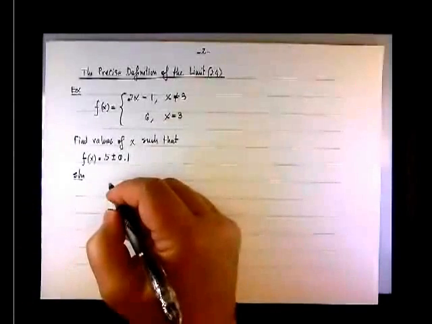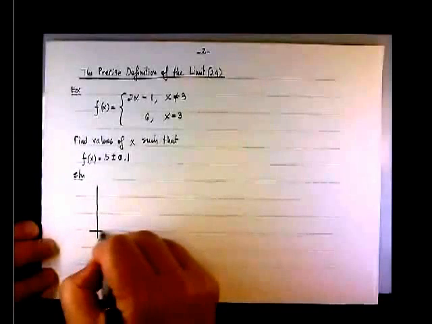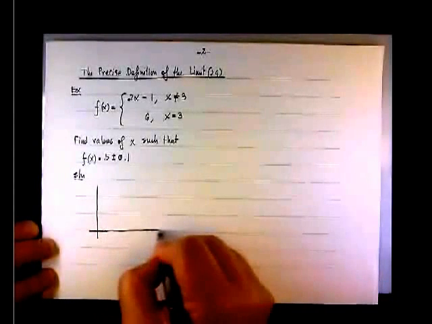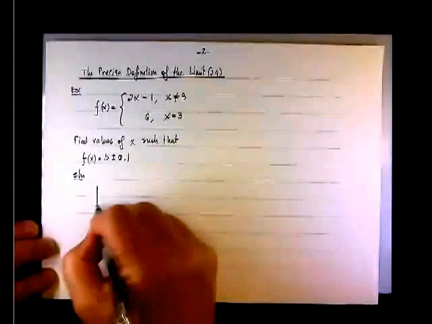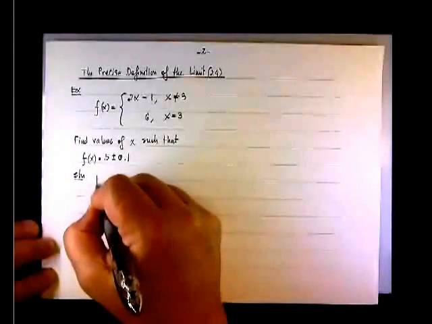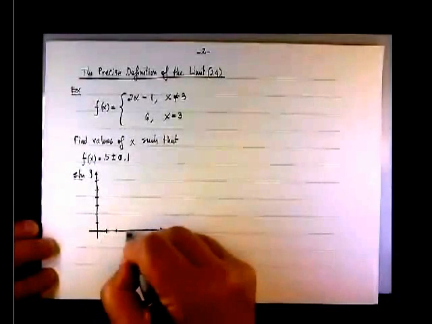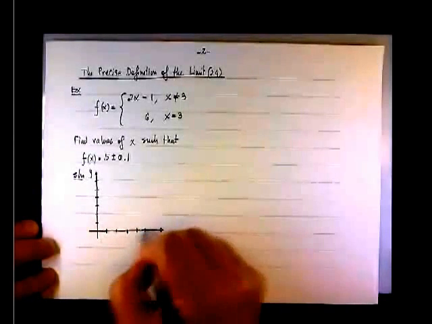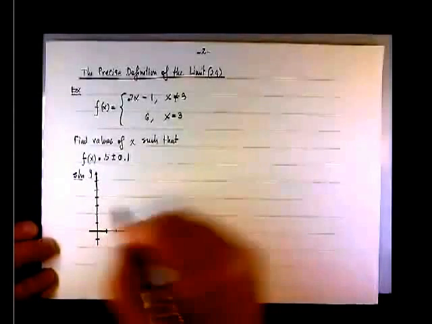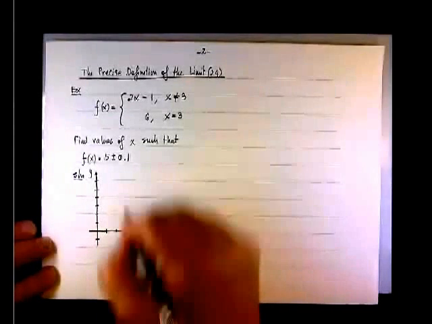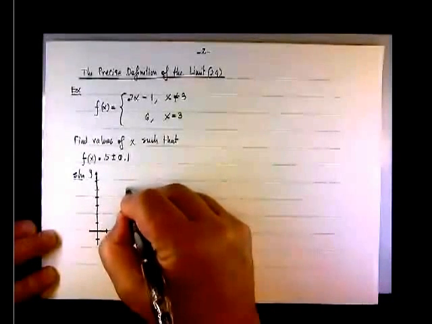So 2x minus 1 is a line. Intersected here at the -1, and of course when x equals 3, we're supposed to have y equals 5, but instead we don't.